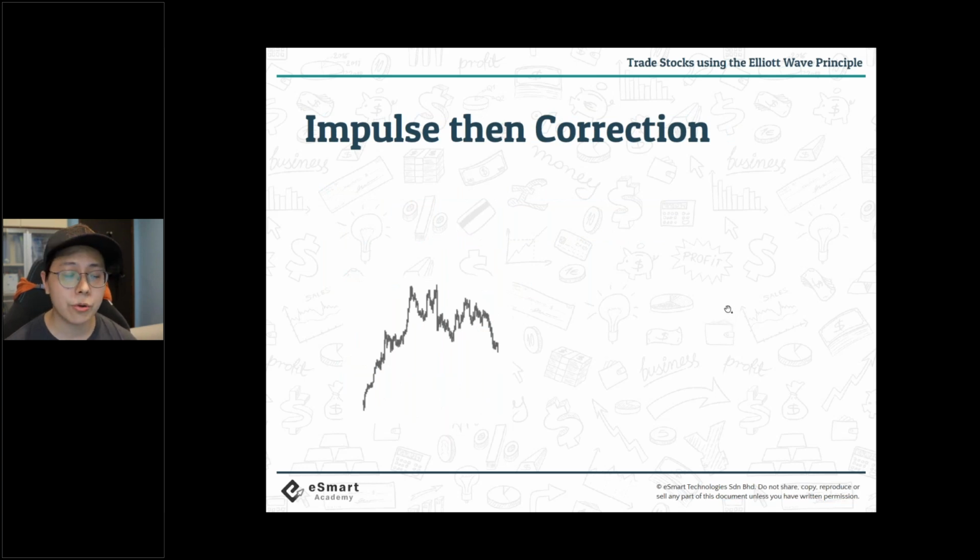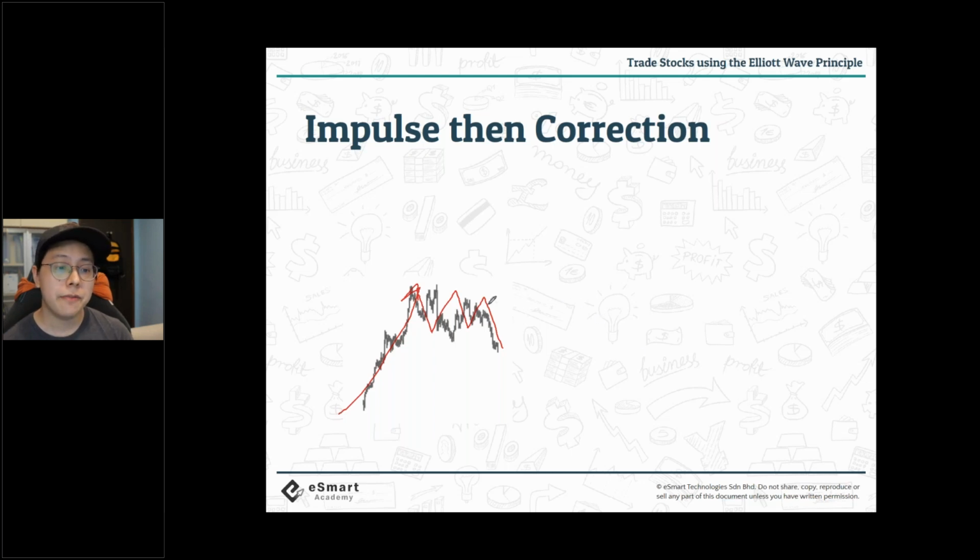So the first category here is impulse then correction. Over here I do have some illustration. It means that you have a very strong move to the upside, which is an impulse, and then you take the correction piece and you put them there. Imagine zigzag puzzle pieces, so you mix and match. So this first category is you take an impulse piece plus a correction piece, and you put them together.